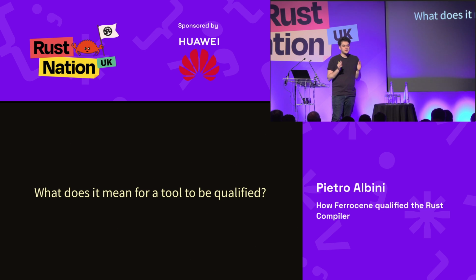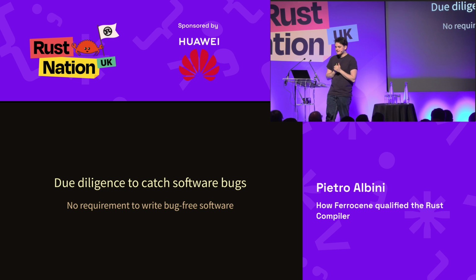If someone can figure out how to do it, let's revolutionize the industry. It's not possible. What it means is that you have done your due diligence to prevent bugs from happening. You must have done enough and done the best you can to ensure that it's rare that bugs sneak in.